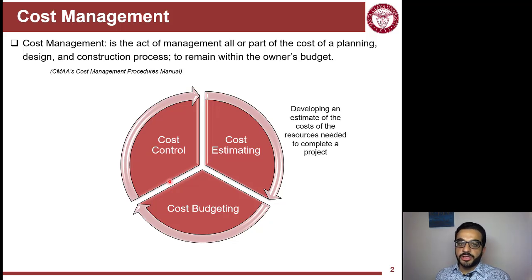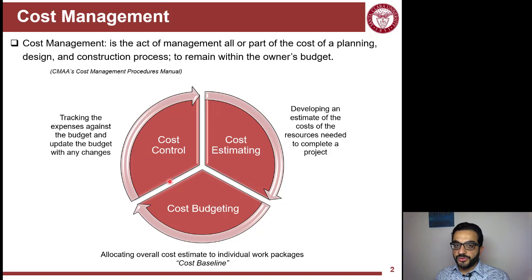So you do estimate the cost, you budget this cost, so transfer from a cost estimate to a project budget, and then you control the costs of the project to be within the budget and track your performance. And that will feed into the cost estimate of the future projects.